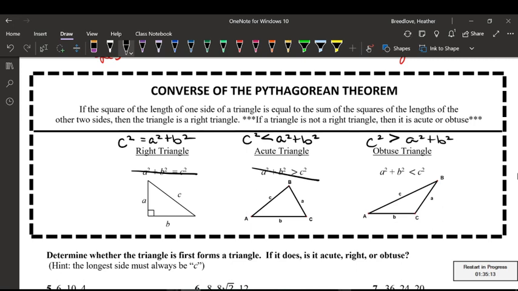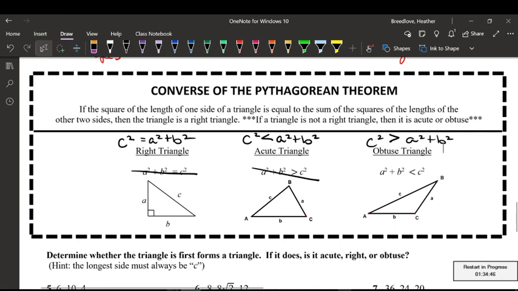Because if you do it the way it's printed on the paper, it gets confusing with the symbols for acute and obtuse, because whenever it's written like this, that looks like the greater than symbol, which would make you think obtuse. But if you flip it around and you start with C, for the converse you start with C, then it's the less than symbol, and the less than symbol should make you think of acute.